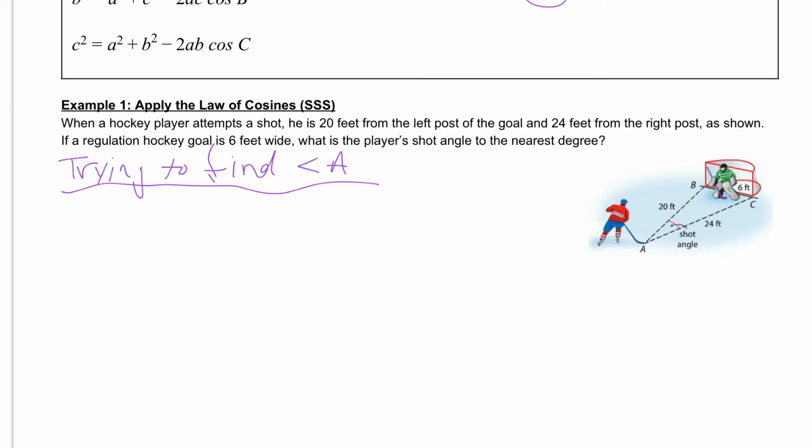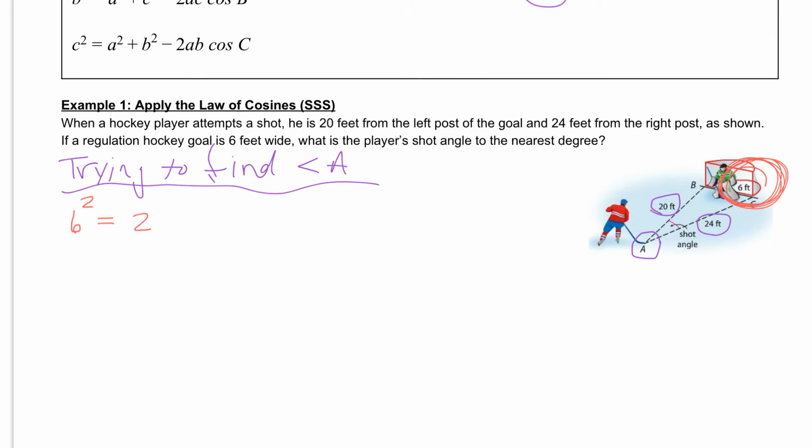Now, if we are trying to find angle A, that's right here, what do we have in order to do that? Well, we're going to need to use the sides next to it, meaning that we're using this one over here as the start. So we're going to have our 6 squared on the left equal to, we're going to square both of these and add them together.